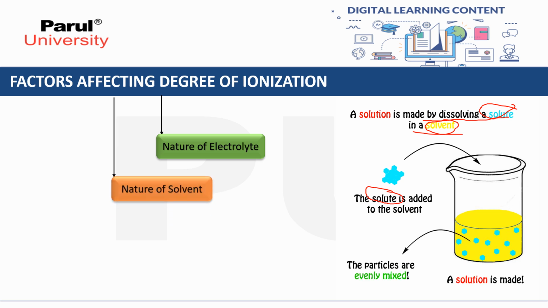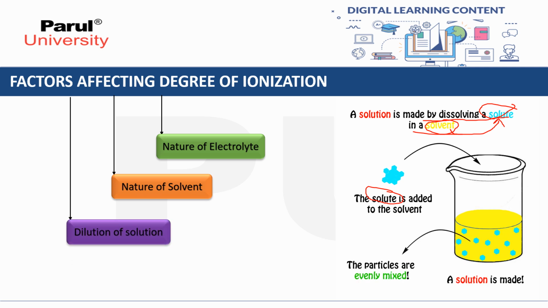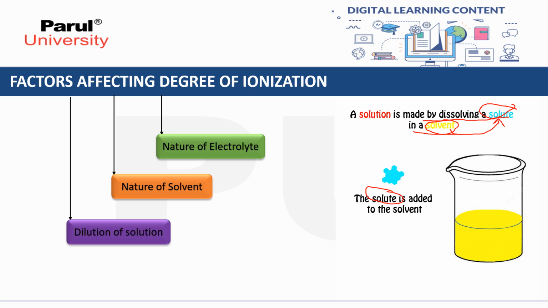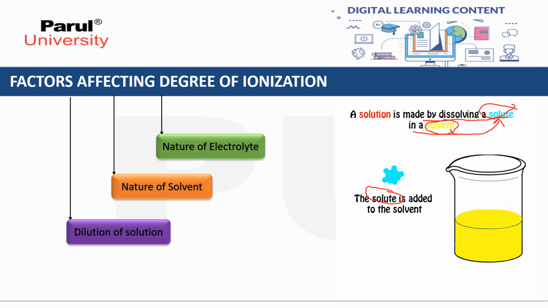Hence, another factor is the nature of the solvent. The solvent decides whether the solute is soluble or not. Another factor is the dilution of the solution. If the solute is not dissolved in the solvent in minimum quantity, then we have to increase the volume of the solvent so that the solute is completely dissolved.